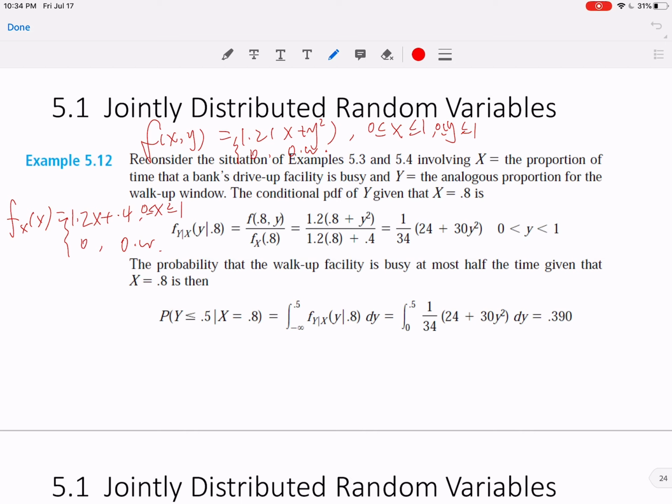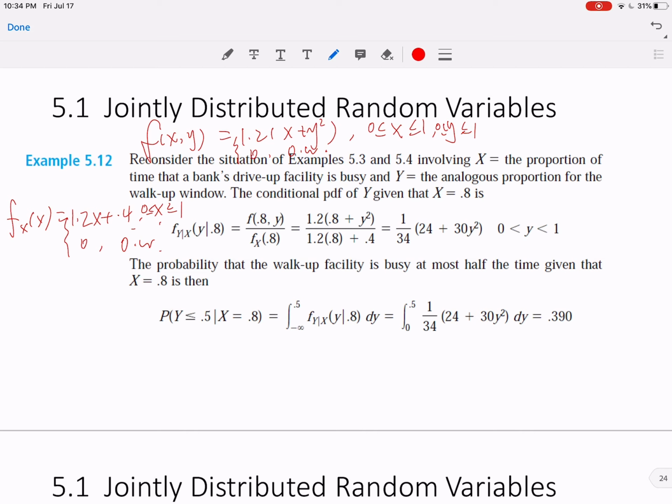The joint PDF is equal to 1.2 times (x plus y) squared for both x and y between 0 and 1, and 0 otherwise. The marginal PDF of x is 1.2x plus 0.4 for x between 0 and 1, and 0 otherwise. You will get those two things from the previous notes as well, so I won't explain where I got them.